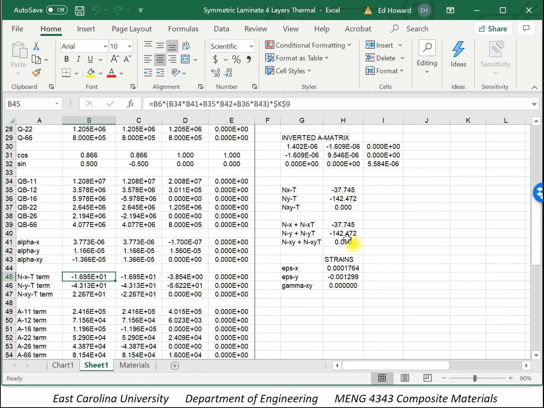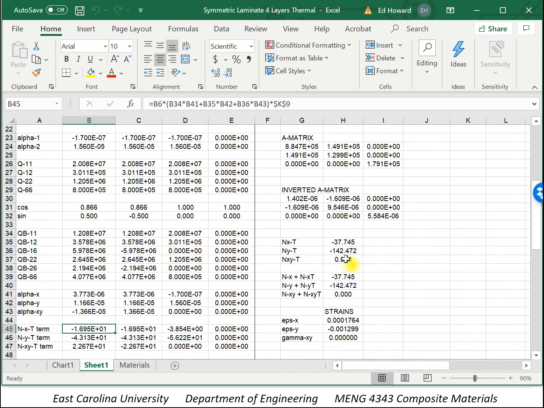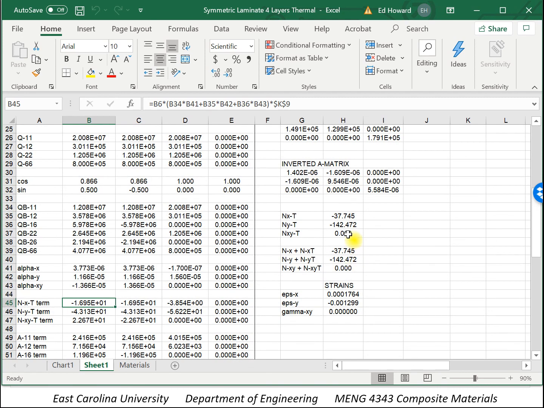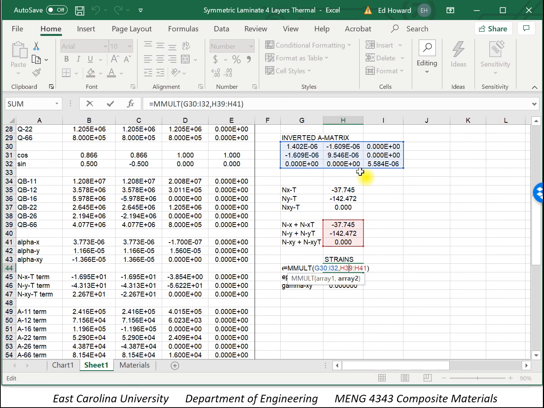Then if we have some applied loads, we don't in this case, we would add them here. In other words, the values that we put in here would get added to the thermal stress resultants. And with these, now we can use the inverted A matrix and calculate the strains by multiplying the inverted A matrix times the total n sub x plus n sub xt.